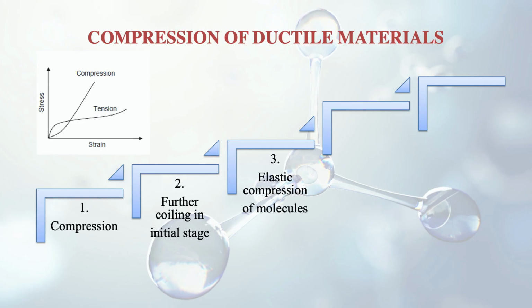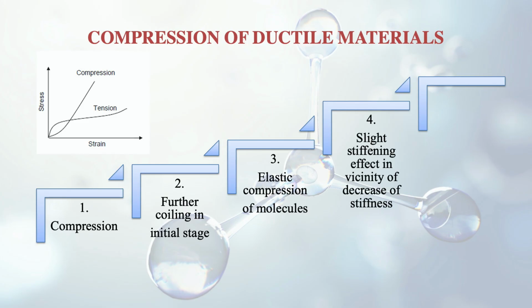Elastic compression of the molecules will take place. Then slight stiffening effect will happen, which will be in the vicinity of the decrease of stiffness, and further the stiffness will increase.